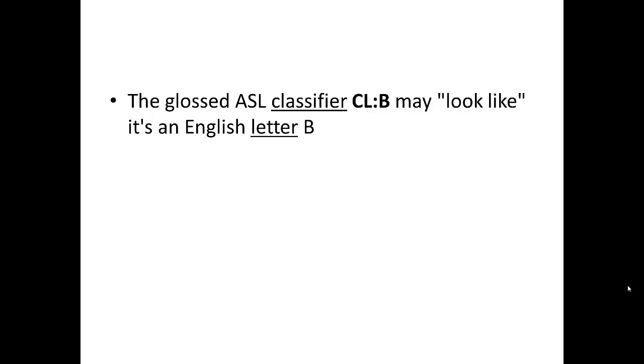Remember that if you're using a classifier, it may look like an English letter, but it is not. Example, the classifier B is not a B. It's a hand shape that represents a category of signs.